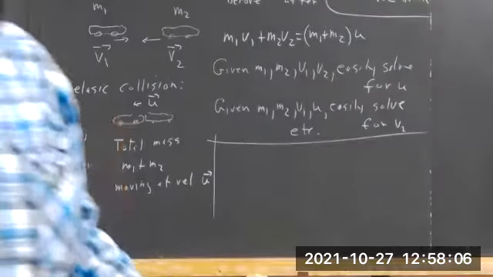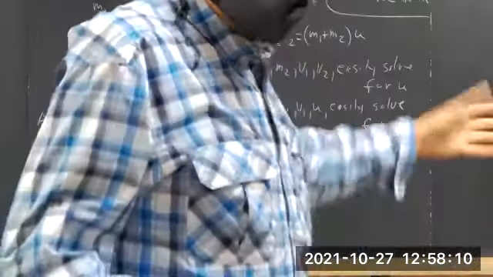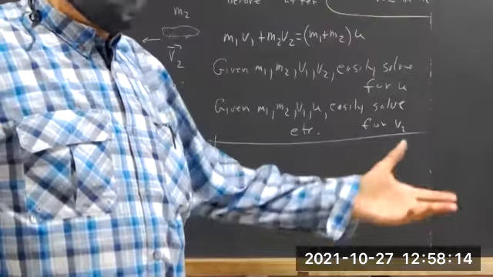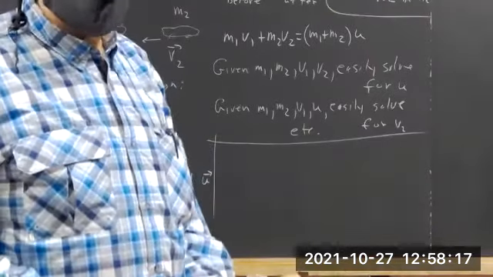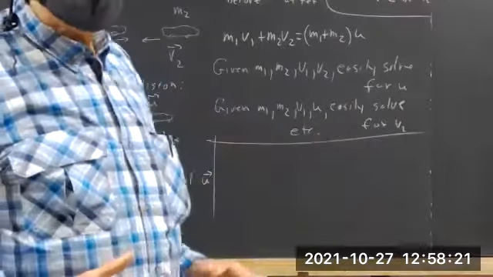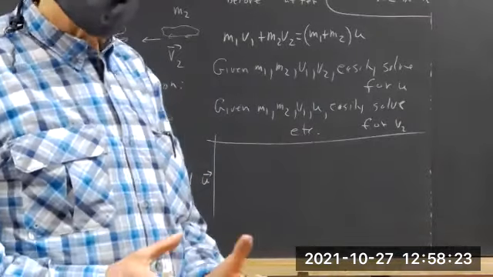Kinetic energy is not conserved. So what happens to all the energy that's no longer in the form of kinetic energy? Well, that's in the form of thermal energy typically. If it's two cars, you're bending steel. You bend steel, it gets hot.